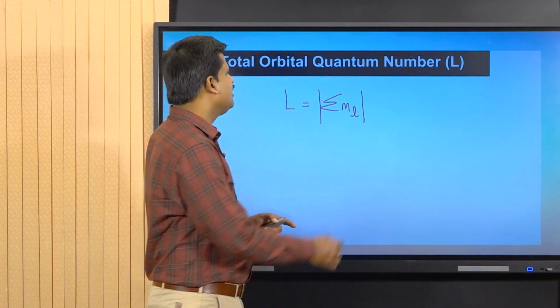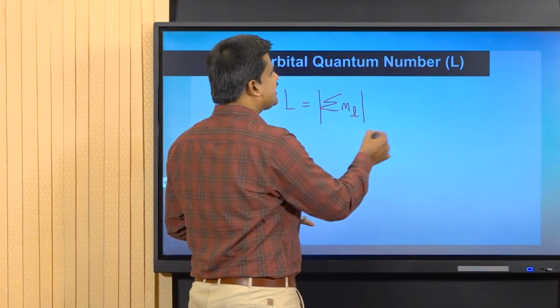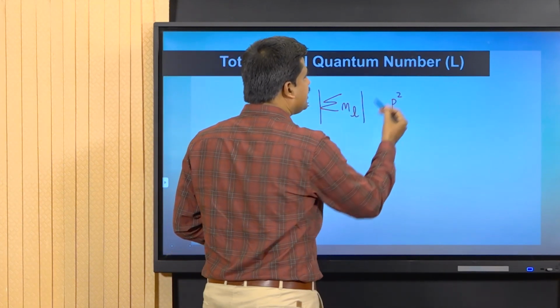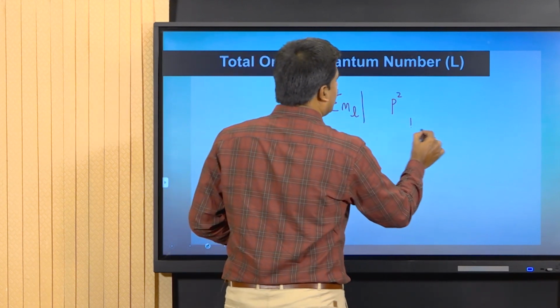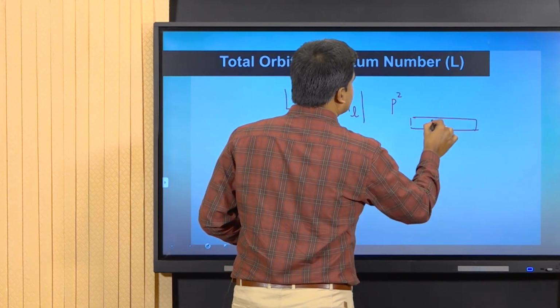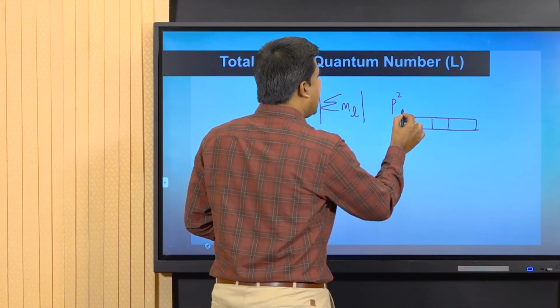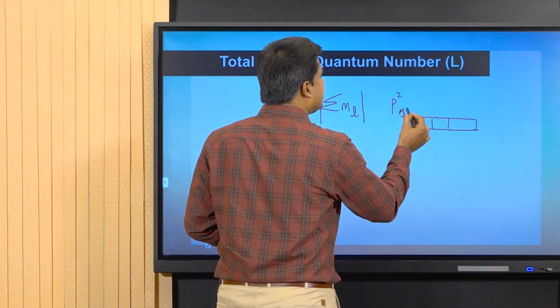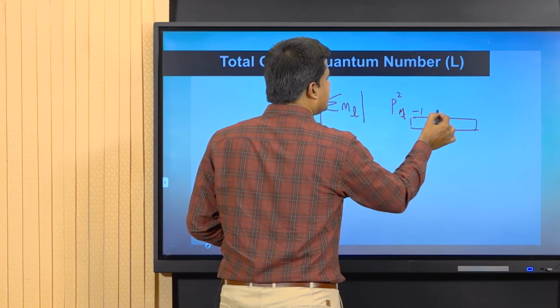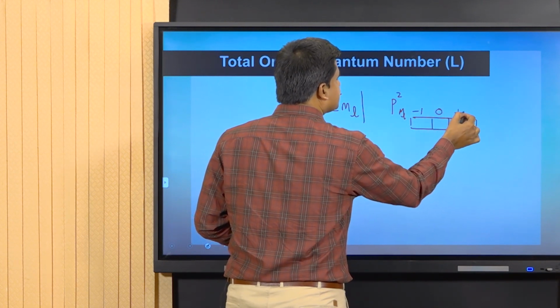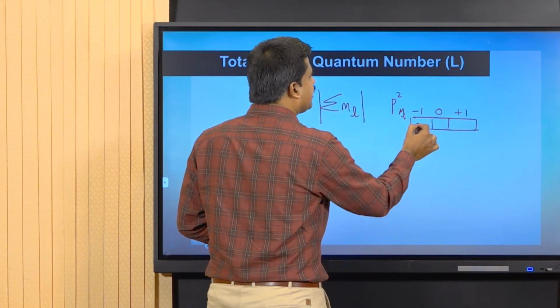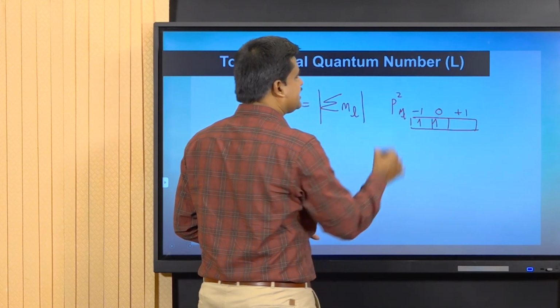So, I will illustrate this by taking an example. Let us take a p2 configuration. Now I am representing the p2 arrangement. You know there are 3 p orbitals, px, py and pz. And I am representing the value of ml here. It is -1. This is 0. This is +1. And our 2 electrons are present in these two cases.